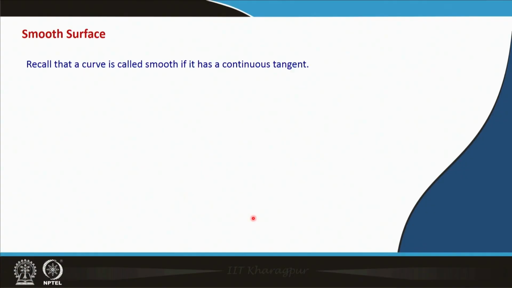So, what are smooth surfaces? If we recall, a curve is called smooth if it has a continuous tangent. In this case, instead of a continuous tangent, we will be talking about the normal to the tangent plane.